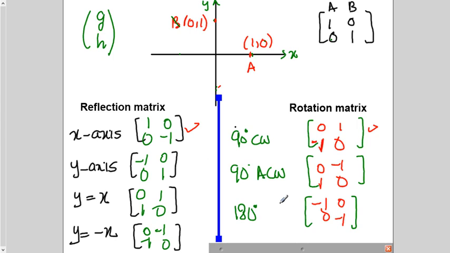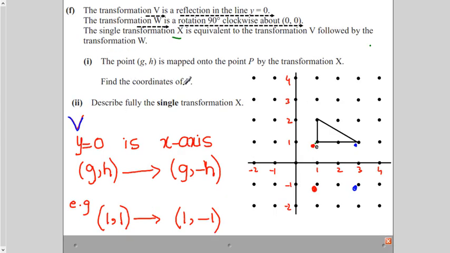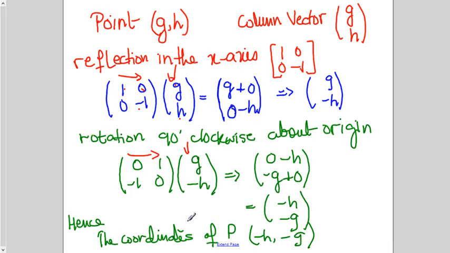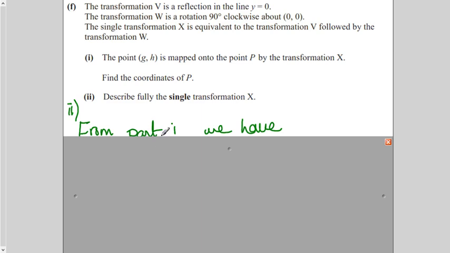And the question was saying, write down the coordinates of P. So that's why I'm writing it in the coordinate form. This is column vector form. This is coordinate form. Last part, the question says, find out the single transformation for X. Whatever we have done here, we have done in 2 steps. So what is the single transformation which can describe it?